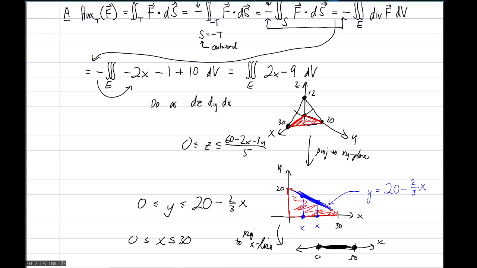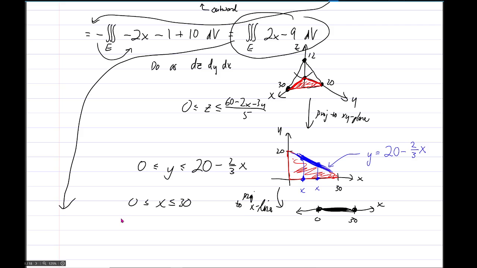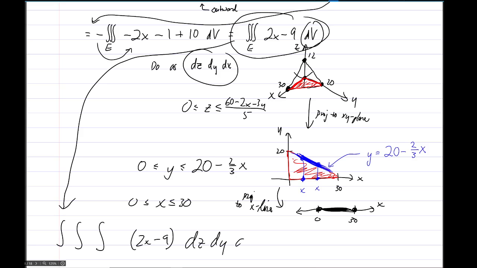So that means in the end we've got this integral right there. Let's copy this down. It should be the integral, leave some space, of 2x minus 9. The dV we decided would be dz dy dx, and that's the order we work things in. So this information goes right there, 0 to (60 minus 2x minus 3y) all over 5.